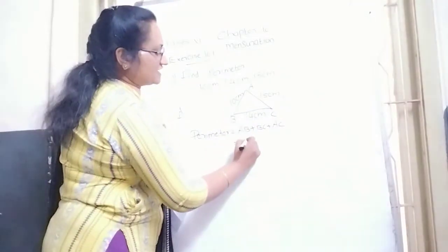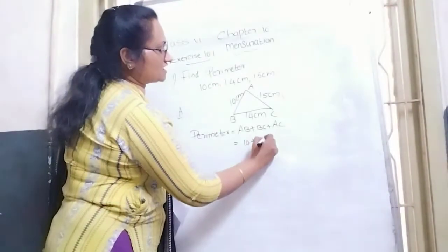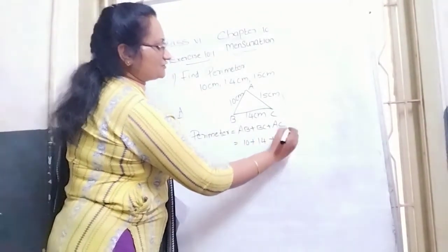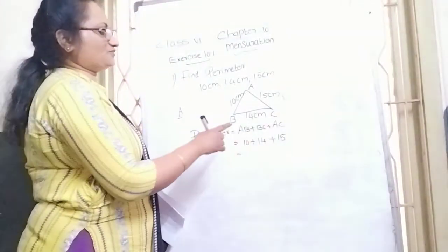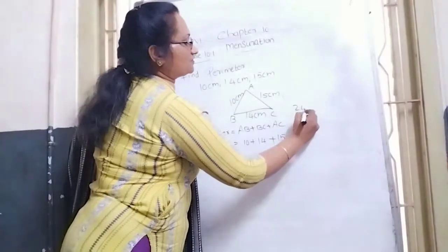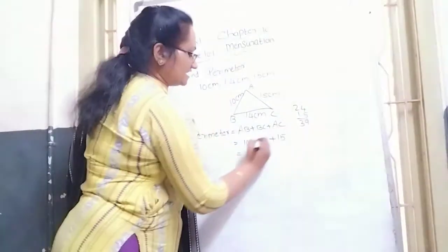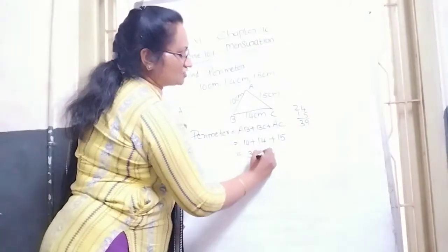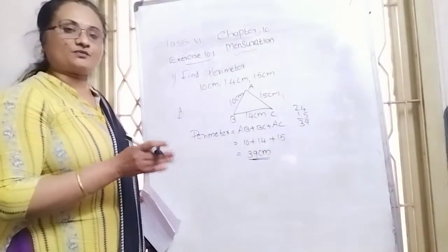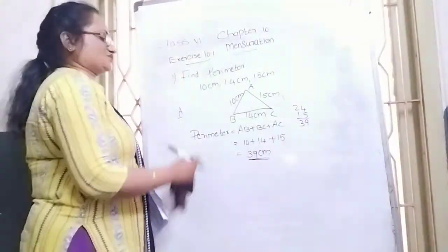AB is 10, BC is 14, and AC is 15. Adding 10 plus 14 comes to 24. 24 plus 15 comes to 39 centimeter. The perimeter is represented in the same unit. I hope you can understand this first question.